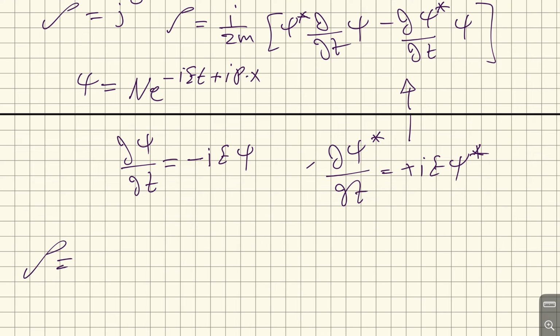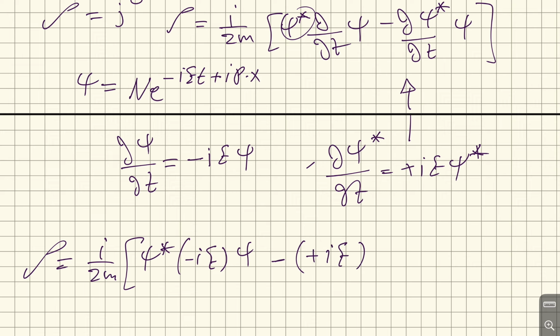Now let's substitute. It will be i over 2m. We open the box. We have psi conjugate from here, and the partial t psi, which is minus iE psi, minus this guy here, which is plus iE psi conjugate, and we have psi from here.